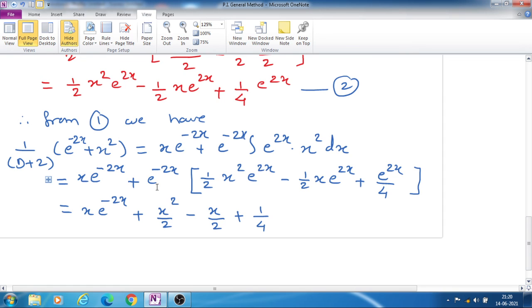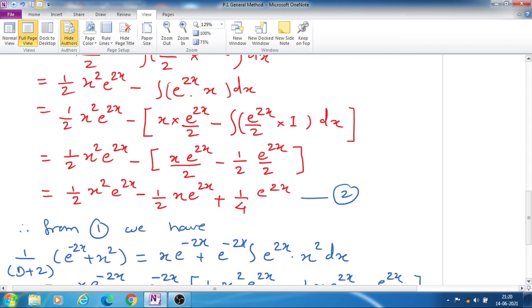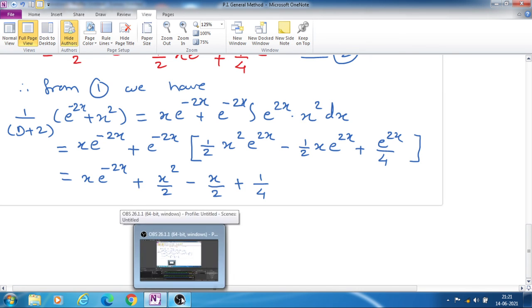Due to e raised to minus 2x being multiplied here, the e raised to 2x in the bracket gets cancelled, and thus we got this equation. So here we must remember this formula, 1 upon D minus a or D plus a operating on capital X, and the other formulas for integration. If we know this, we can calculate the particular integral easily. So we stop here.